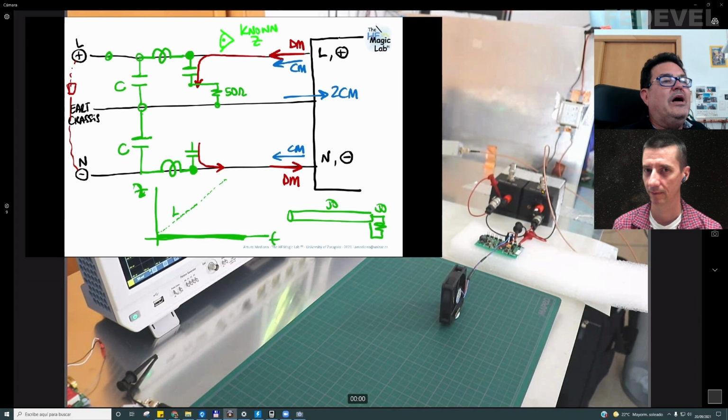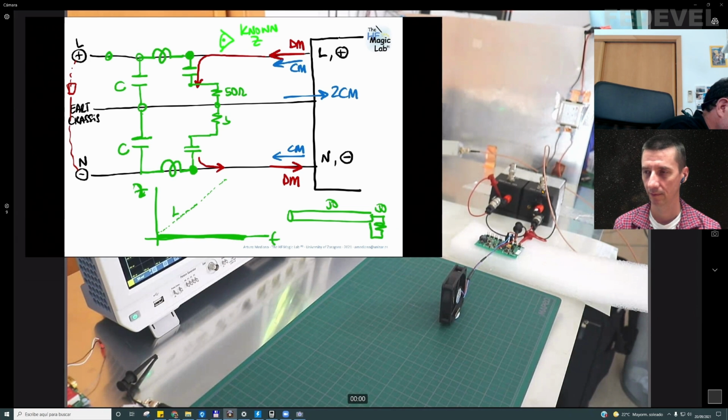But what happens if you want to measure the noise in the other line? You have exactly the same. You will have this capacitor and you will have a resistor, okay?